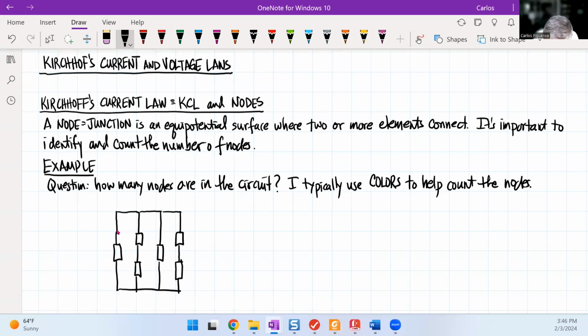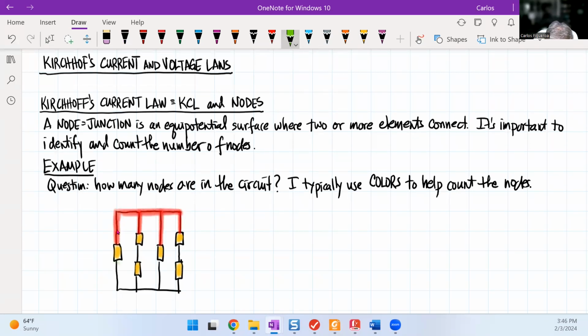So if here are my elements, so now I have to highlight the number of nodes. So if I look at the number of nodes, I'm going to take a color. Let's say I take red, and if I isolate this equipotential or node, you'll see that that red represents 1.